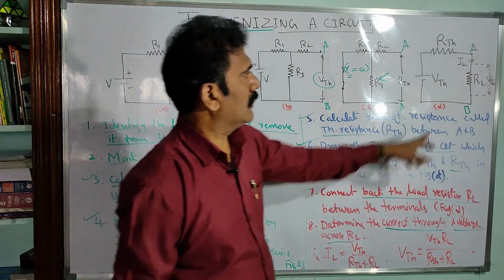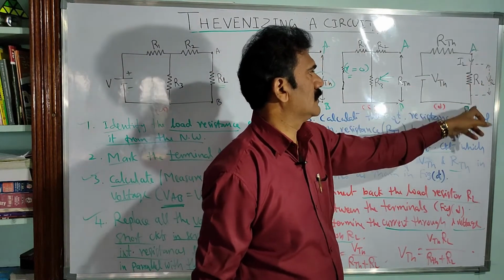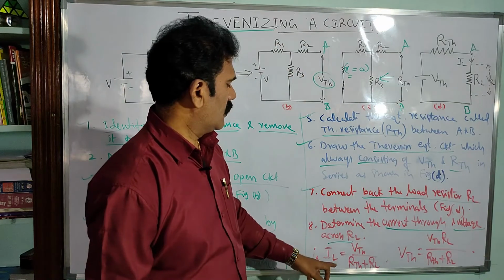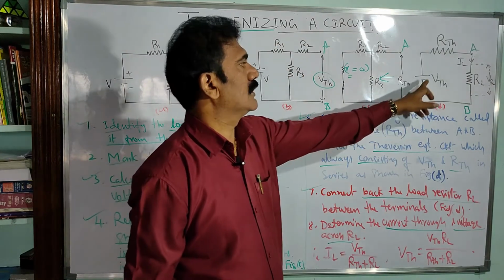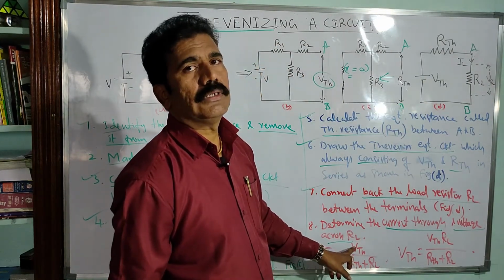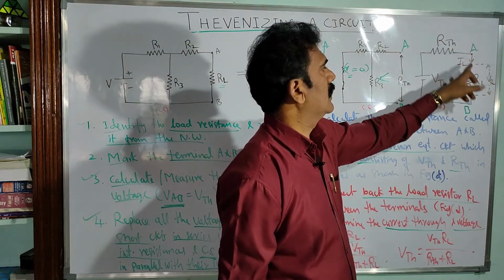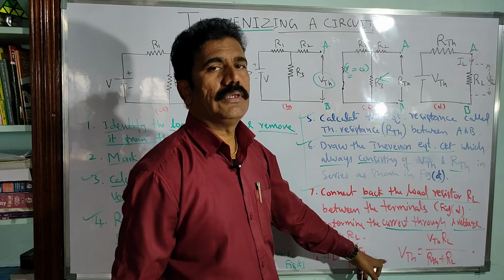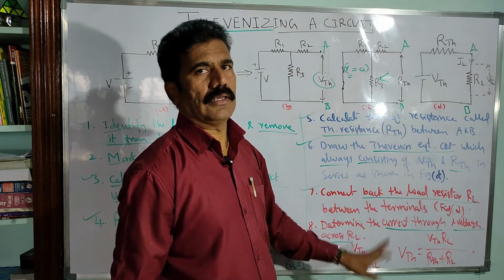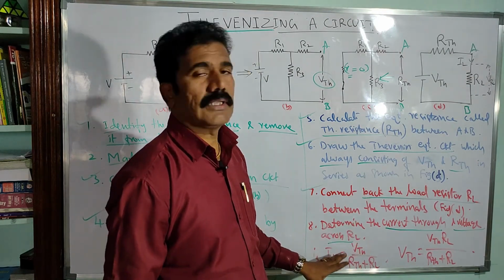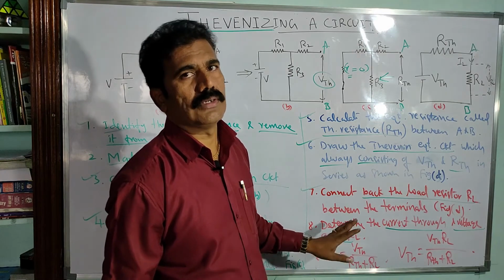The current through this particular load resistance RL is given by IL equal to the single voltage source VTH divided by the total resistance of the circuit. Both are now in series, right? So IL = VTH divided by (RTH plus RL). That gives the calculation for the current through the load resistor.